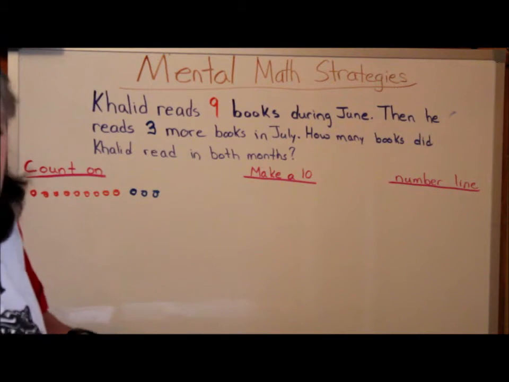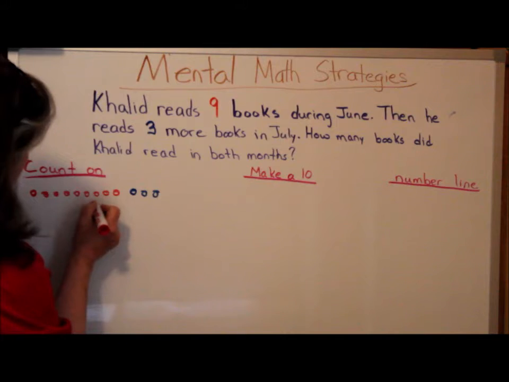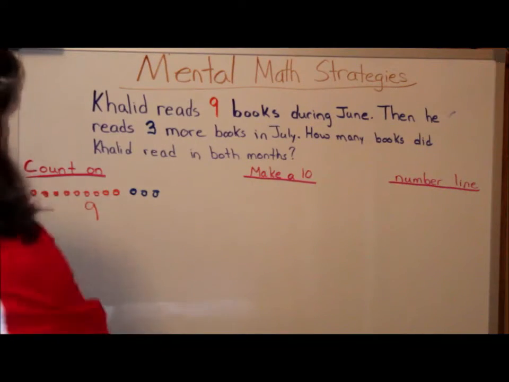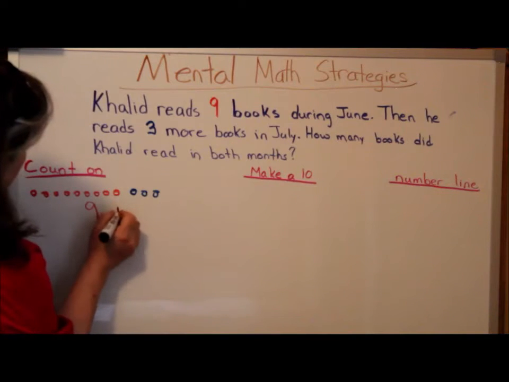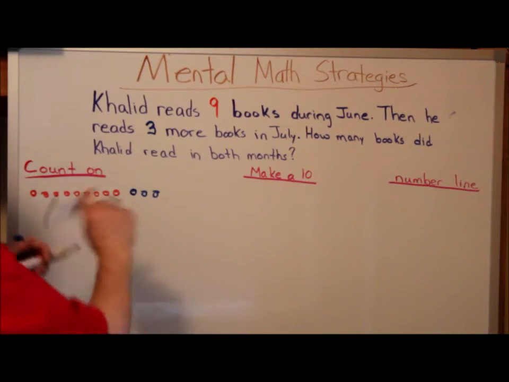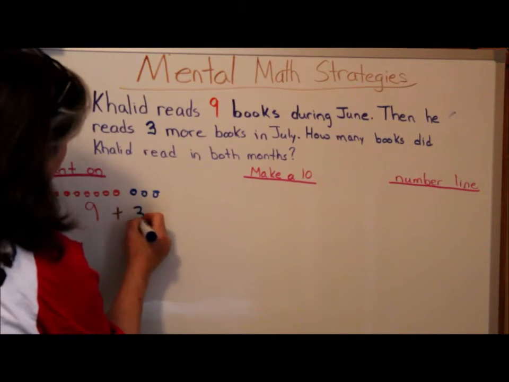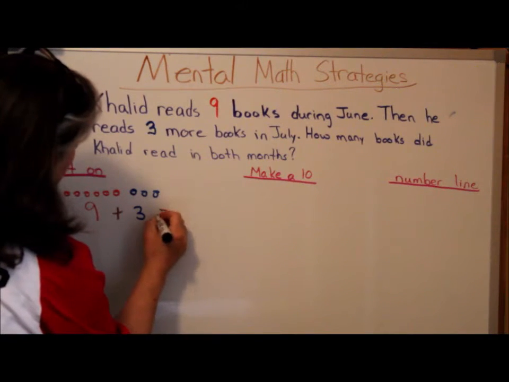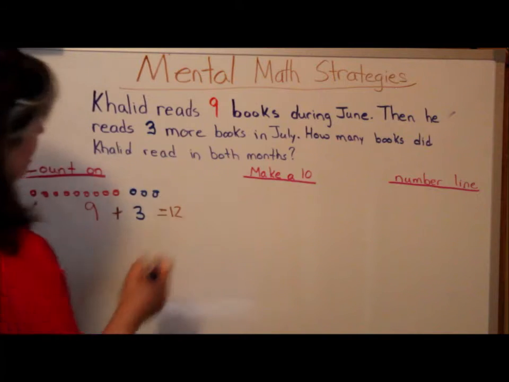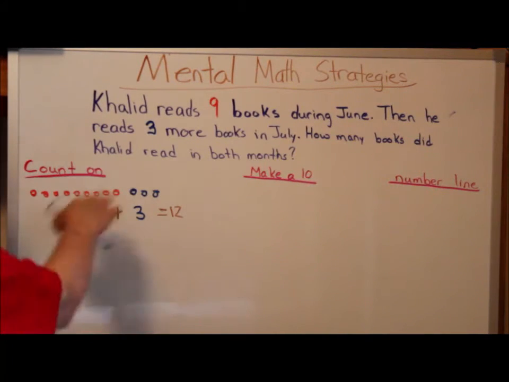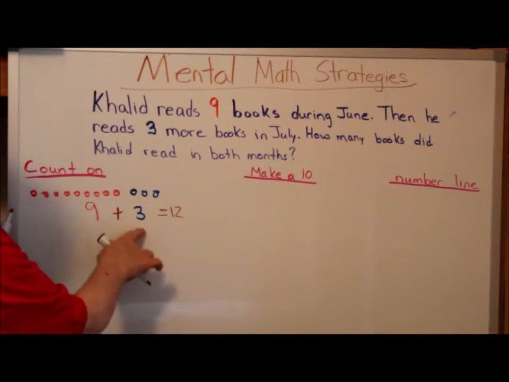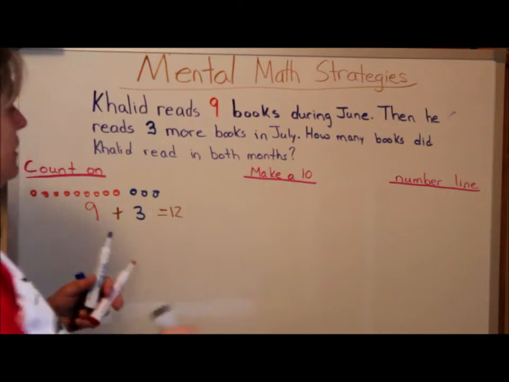So I'm going to say 9 plus 3 equals 12. So that's one way, and we're going to come back to that and talk about it a little bit more in a minute. So 9 plus 3 equals 12.